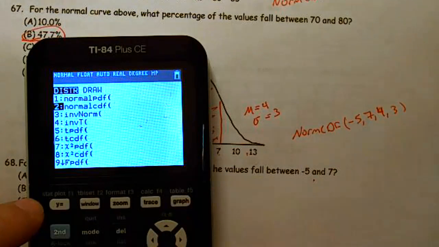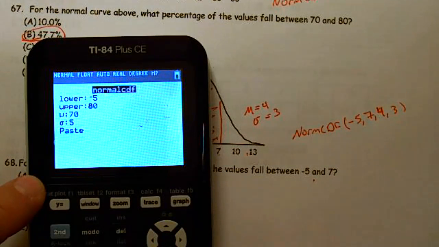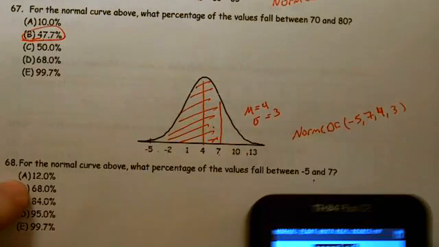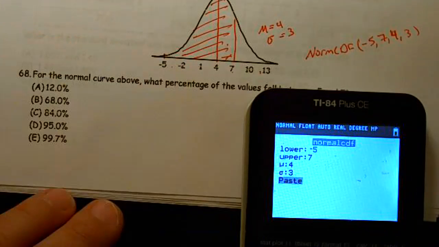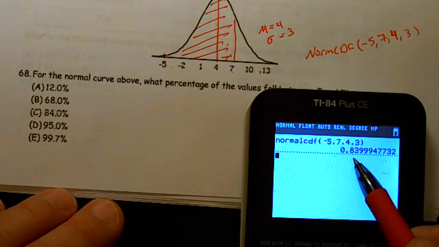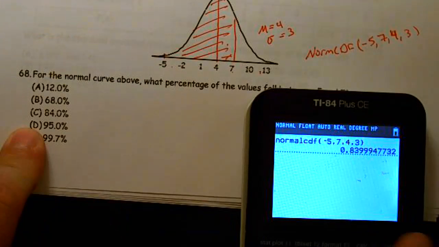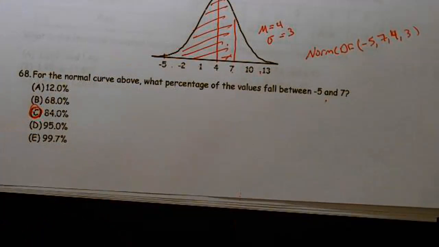So second var is norm CDF, lower -5, upper 7, mean 4, standard deviation is 3. Please note I got all that information from this drawing. All right. When I calculate it, I end up getting about 84%. So 84% would be my best answer. And on this particular set of questions, 84% is letter C.